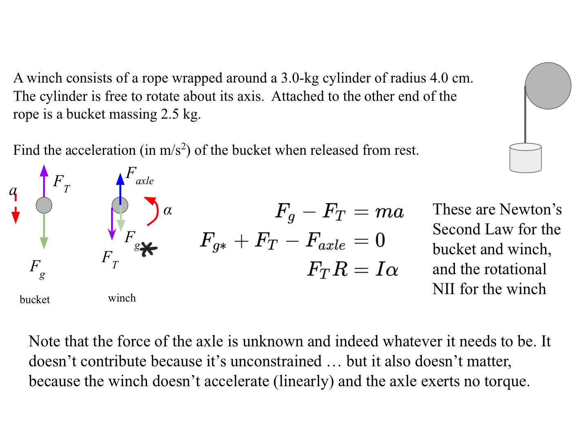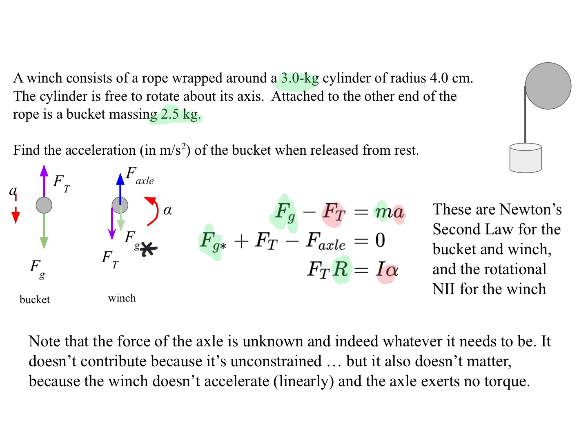Also note, if we highlight the things that we know in this problem, well, we know Fg, more or less, because we know this, and we know Fg star, because we know this, and we know, of course, the mass, and we know the radius. What do we not know? Well, we don't know either of the accelerations.